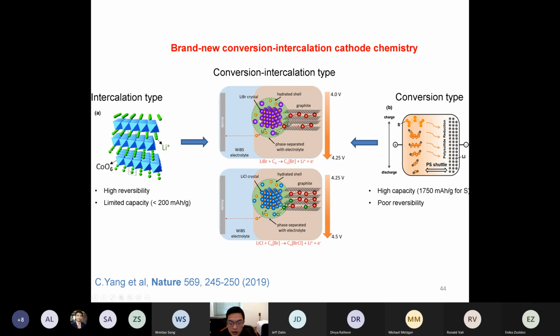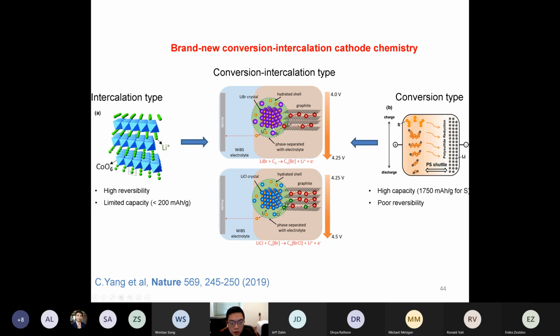I think, in combination, that will give us a very good chance to design a brand new cathode with a high energy density, right? And I was so surprised that nobody had ever thought about using this kind of bromine intercalation in graphite to design a cathode chemistry before.